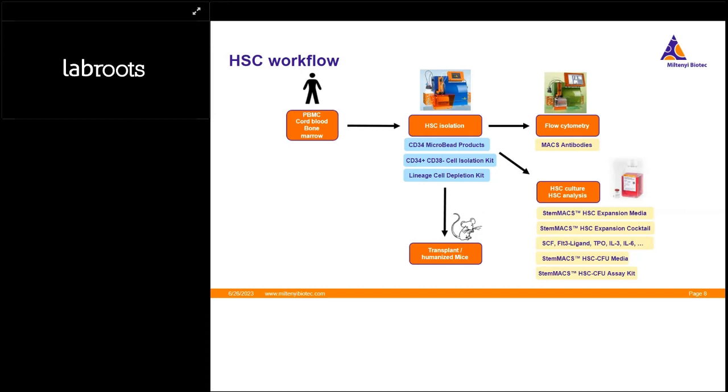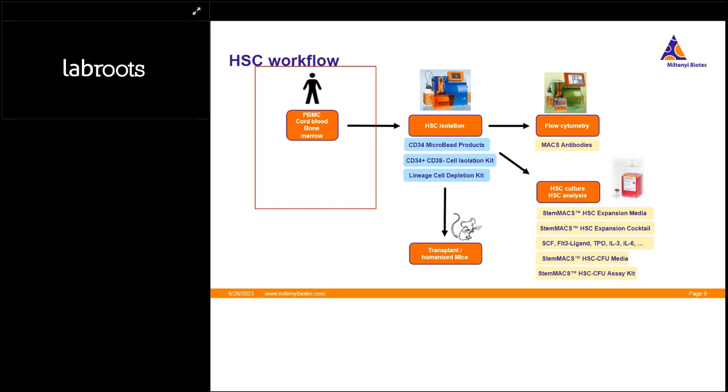Then HSC culturing, expanding them through the cell culturing system, and then flow cytometry analysis of the HSC portfolio. Last but not least, the humanized mice model, which basically mimics the human immune system, a transplant system applying hematopoietic stem cells.